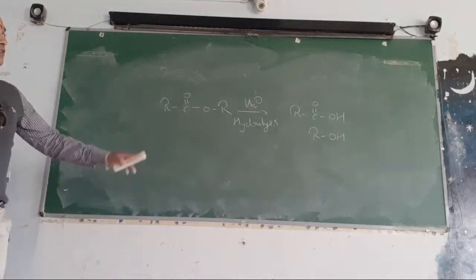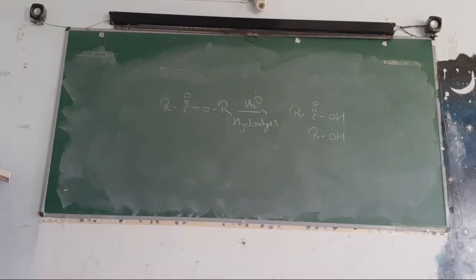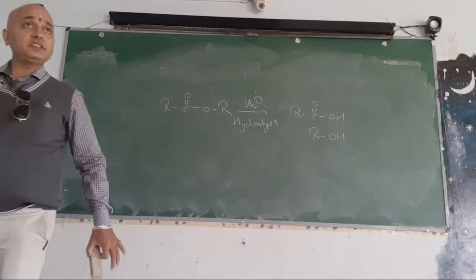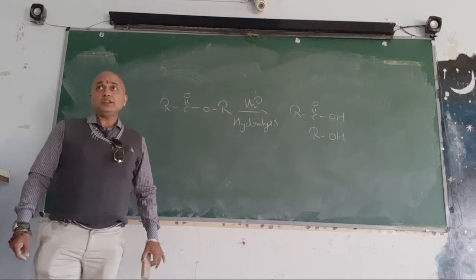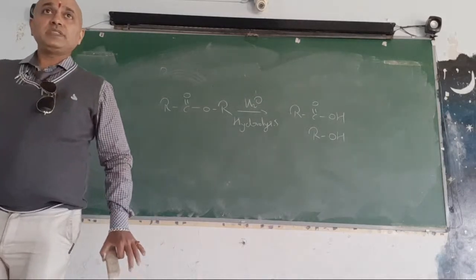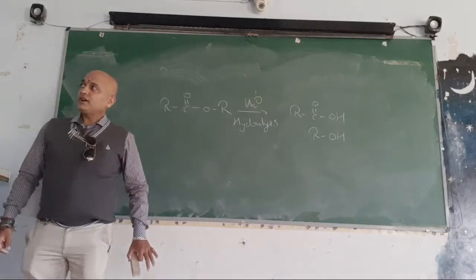But here we are getting 1 molecule of carboxylic acid and 1 molecule of alcohol. That's where they differ from each other. What is the common feature in them? Both result from hydrolysis. Got my point?